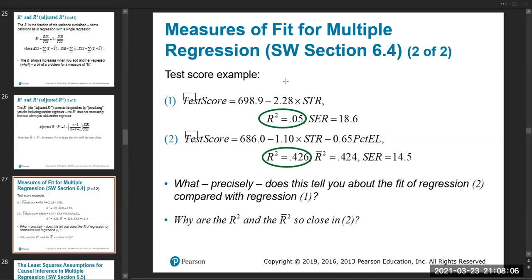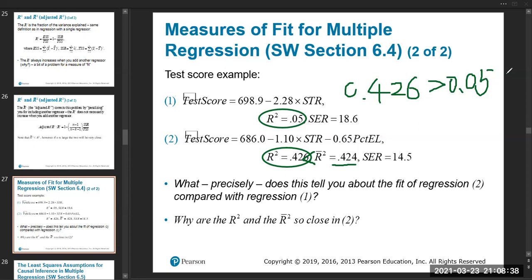But adjusted R square is always smaller than R square. So what precisely does this tell you about the fit of the regression compared to 1? We know that 0.426 is larger than 0.05. So the second equation definitely has more explanatory power than the first equation.